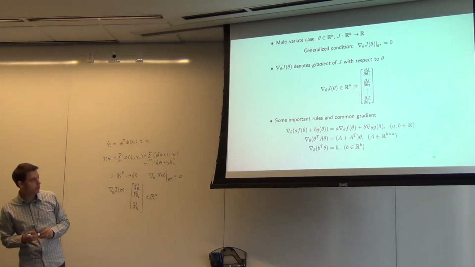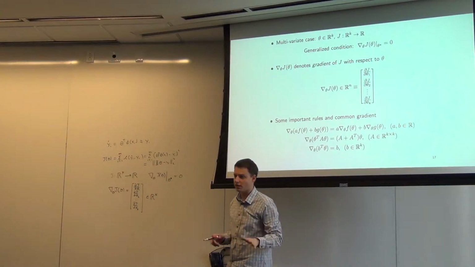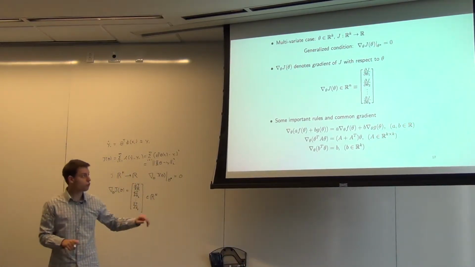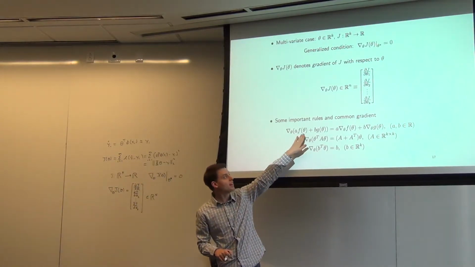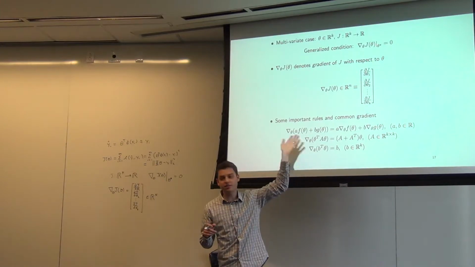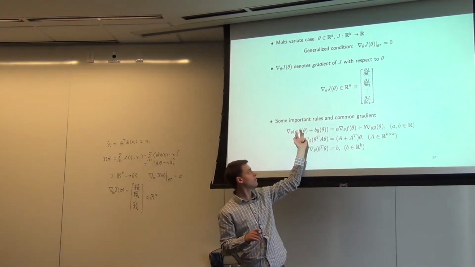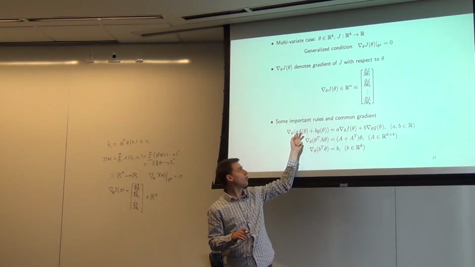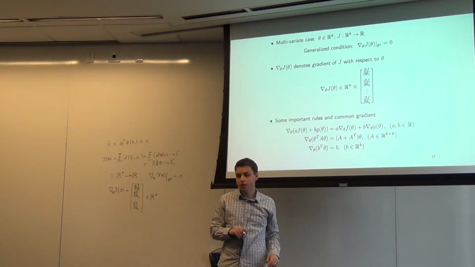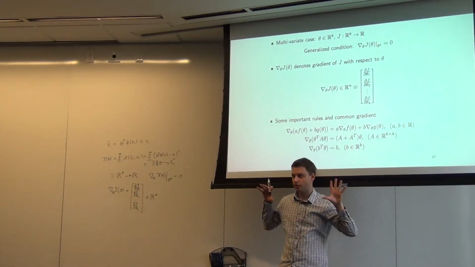And I'll give a few examples of important gradients here, important rules or important specific gradients. The first one is that this gradient is what's called a linear function. All that means in this context is that if we take the gradient of two different functions, multiply them, add them up and multiply them by some scalar number, we essentially can pull the scalars in the addition outside of the gradient operation.